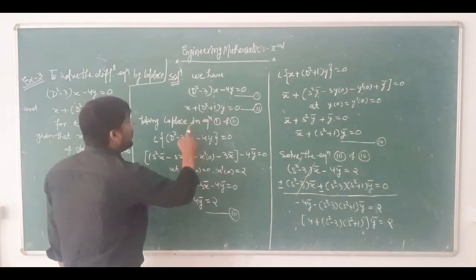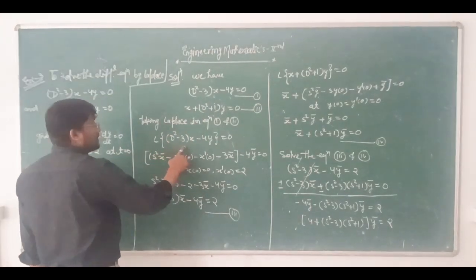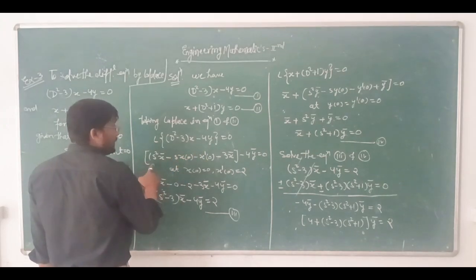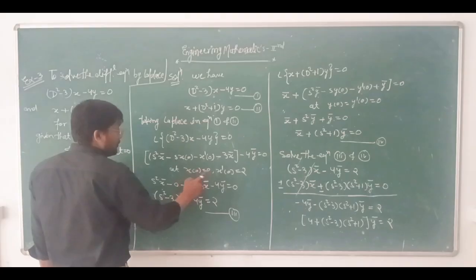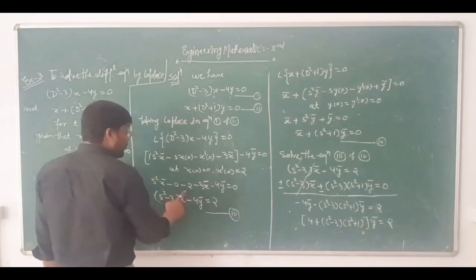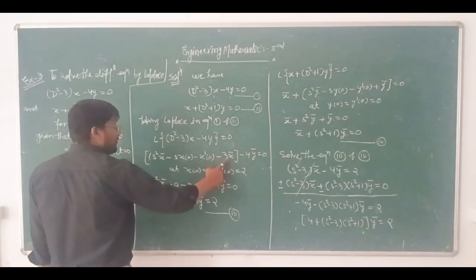Now this is a function of this. The value of x dash means 2. This is a multiple of 3.